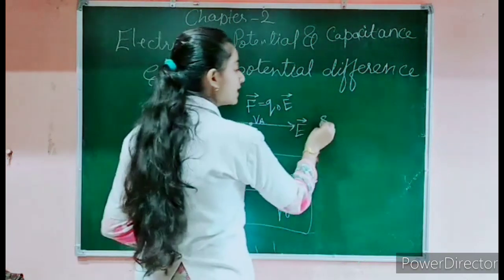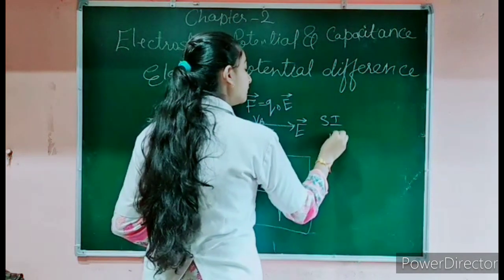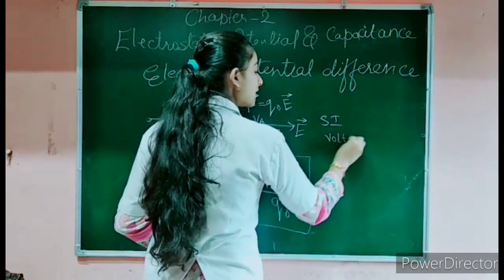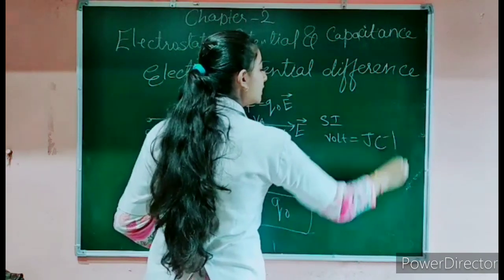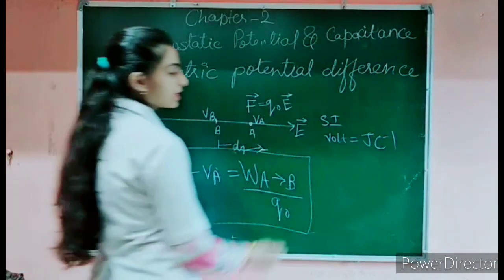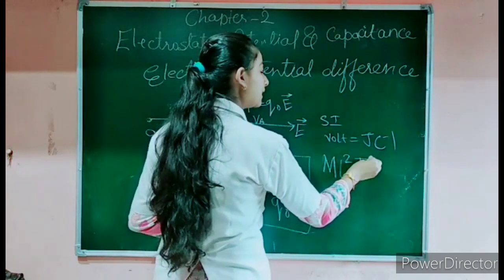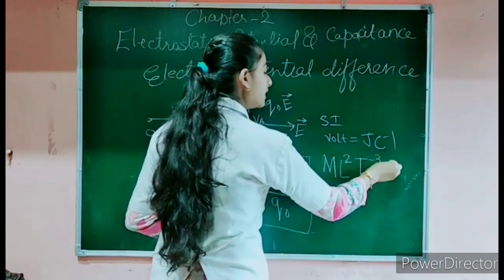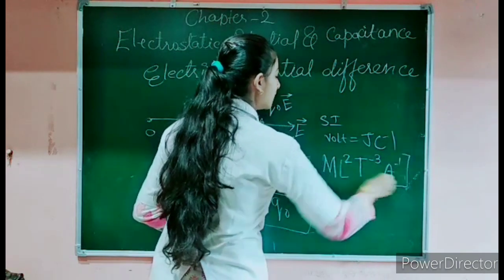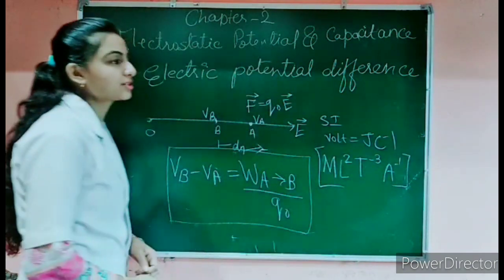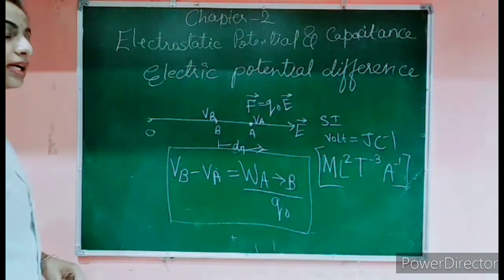Its SI unit is volt, equal to joule per coulomb, and its dimensional formula is M L square T minus 3 A minus 1.